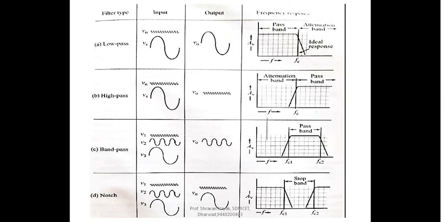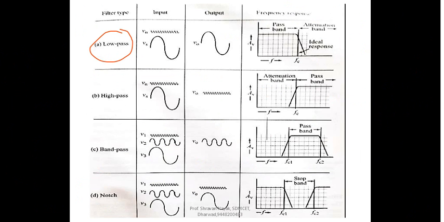Now let me introduce you to the types of filters which we are going to discuss. If you look at this particular diagram, the first column indicates the type of the filter. We start with the low pass filter. Please observe these columns carefully.